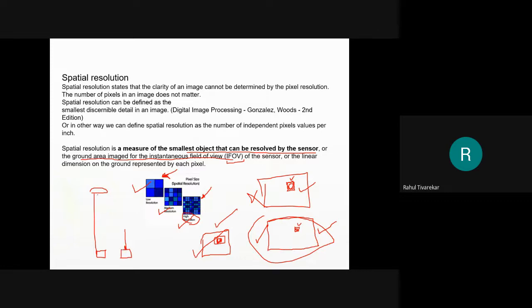In this case, the instantaneous field of view of this camera is of the size of one car, and the instantaneous field of view for this camera is of the size of one house. So this camera is better because it is focusing on the smallest object. Compared to a house, the car is small, right?